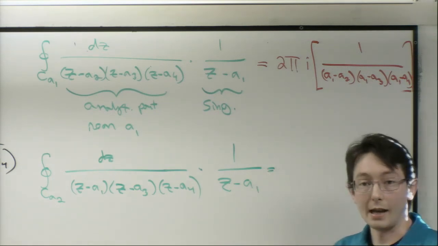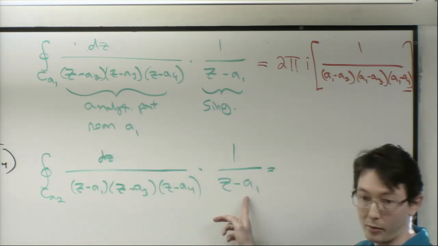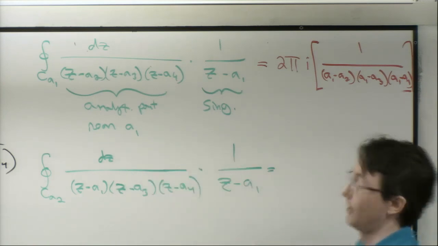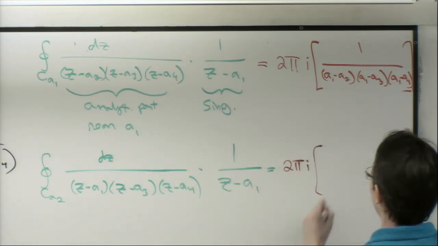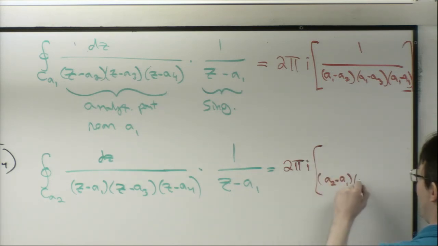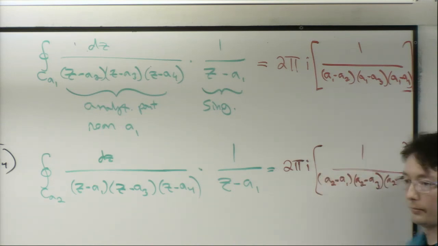And again, exact same thing. It's 2 pi i times my analytic part evaluated at my pole. Cauchy was a genius. This is so much easier. 2 pi i times, now this is a2 minus a1, a2 minus a3, a2 minus a4, all under 1.